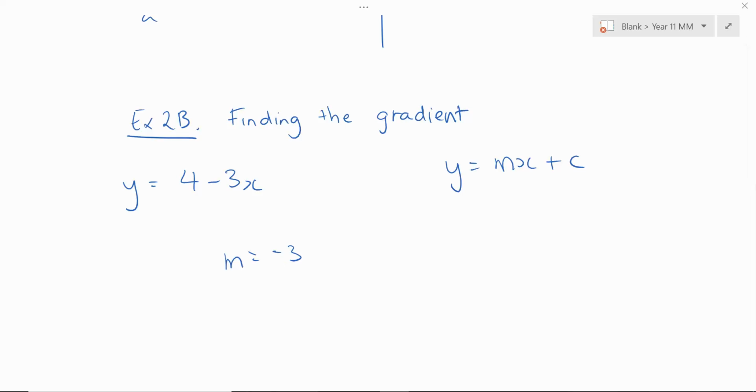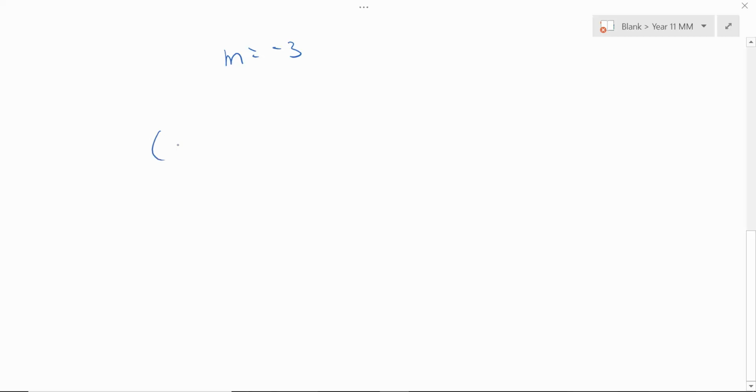Second part. What if I then gave you, let's say, (3, 2) and (5, 6), and I said, I want you to find the gradient. How do you find the gradient of 2 points? Can I please have Matt? Substitute the X and Y value.